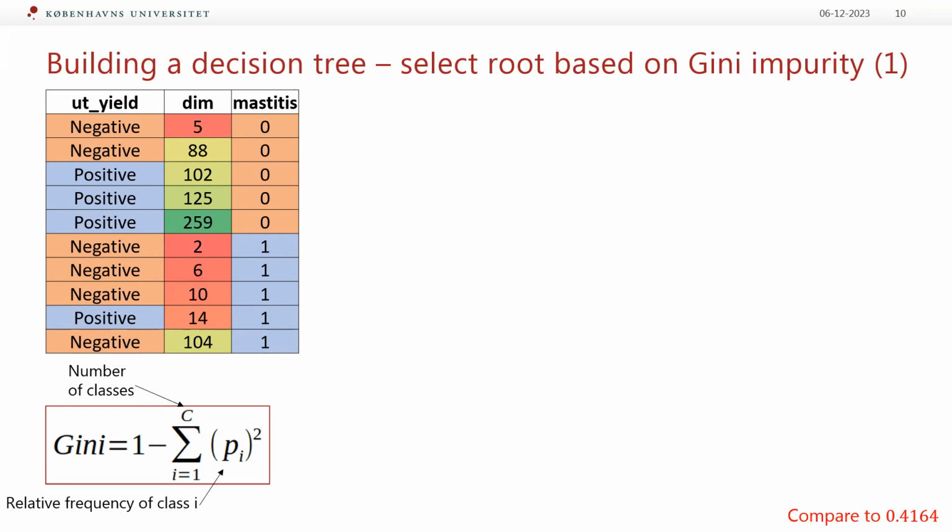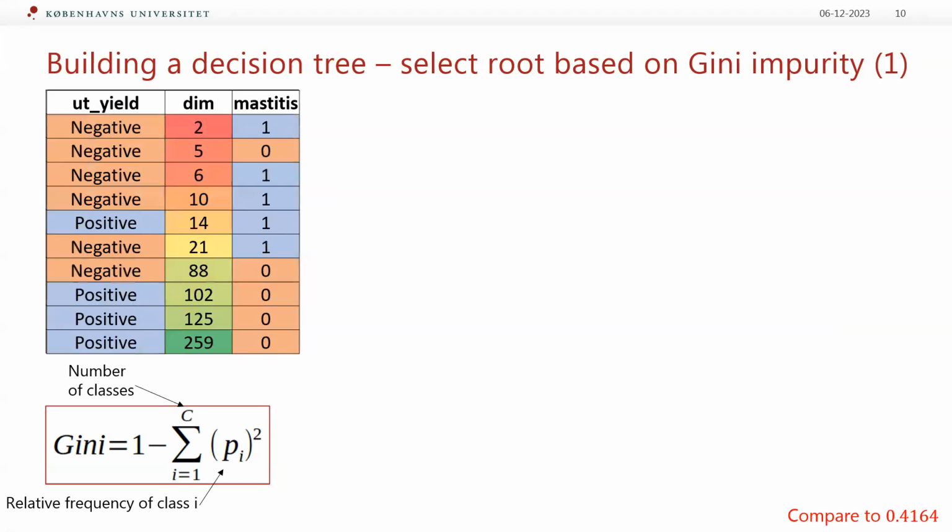Okay, now we need to compare that to the total Gini impurity that we can get when using Daily Milk as our root node. But the first thing you'll notice here is that Daily Milk is not categorical, it is numerical. And the way to handle that is to first sort the data frame according to the Daily Milk from lowest to highest.